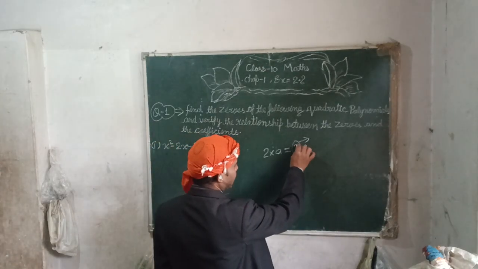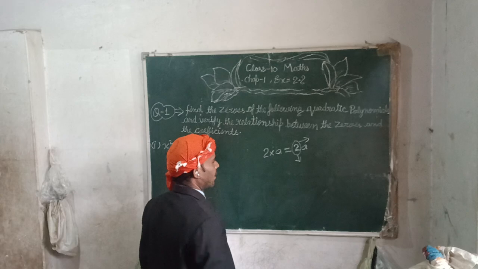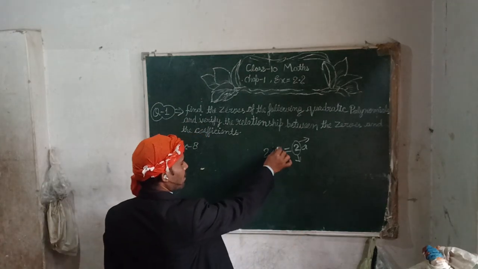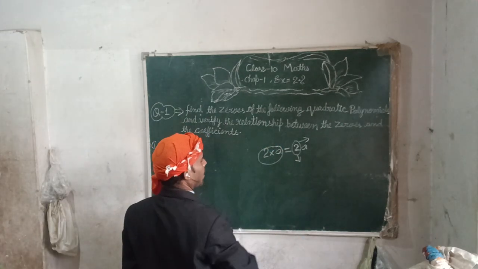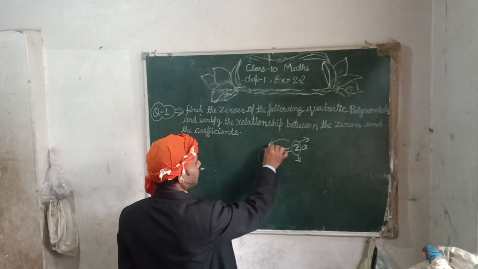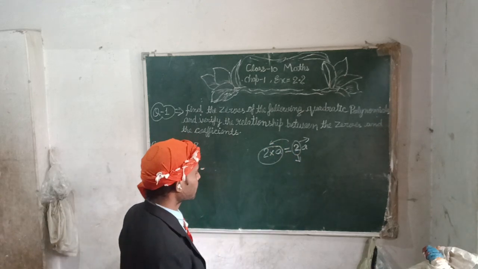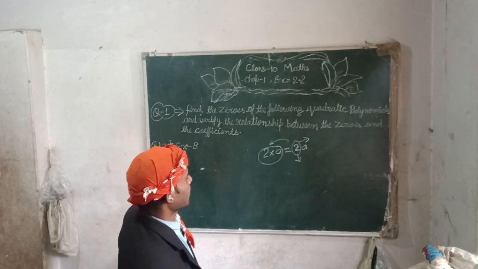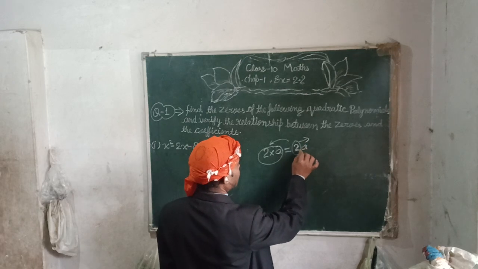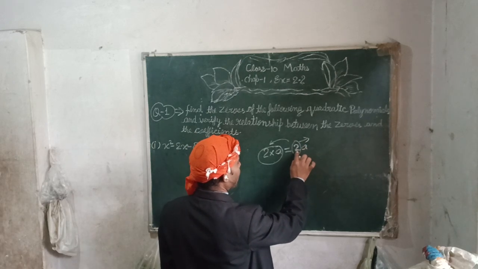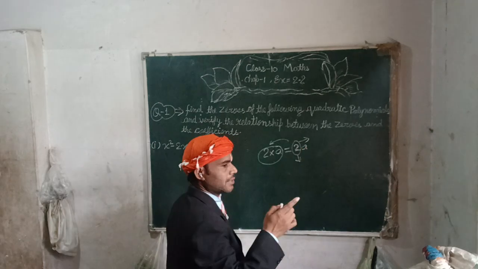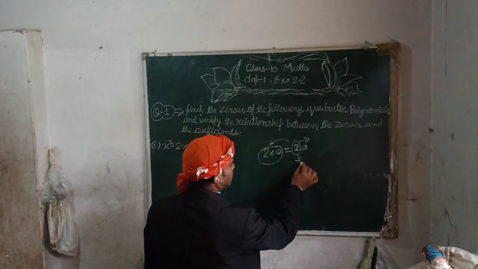In 2a, the multiplication sign is hidden. I can see the sign of multiplication in 2 into a, but here the sign is not seen. The multiplication sign is hidden, but there is a multiplication relation between 2 and a, and that digit is your coefficient.